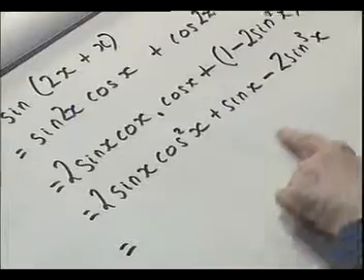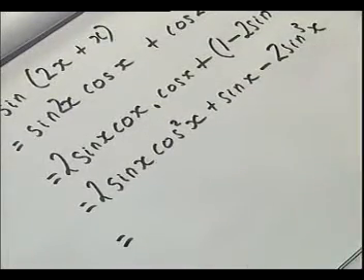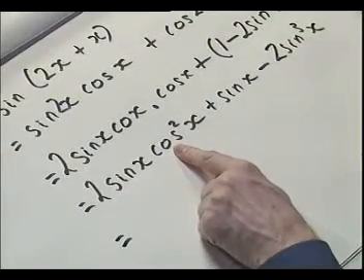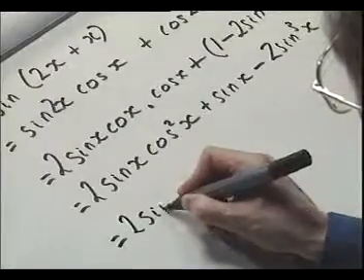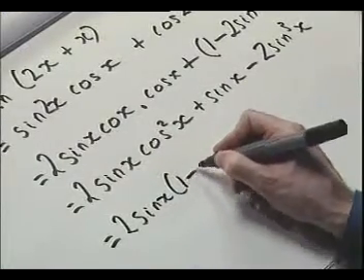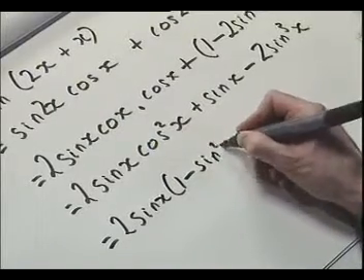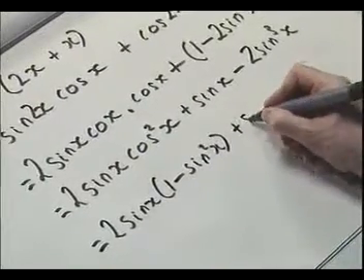We've got sine here, sine cubed here, cos squared here. But cos squared can be rewritten using one of the fundamental identities. Cos squared plus sine squared is 1. So cos squared can be replaced by 1 minus sine squared.